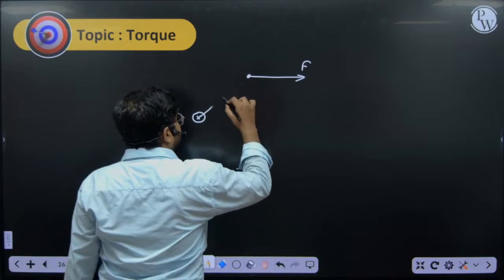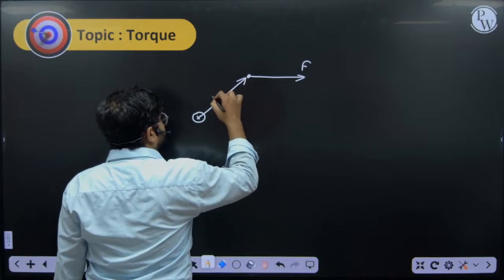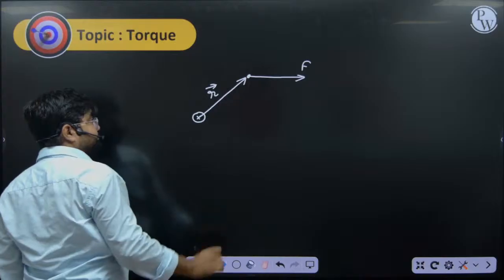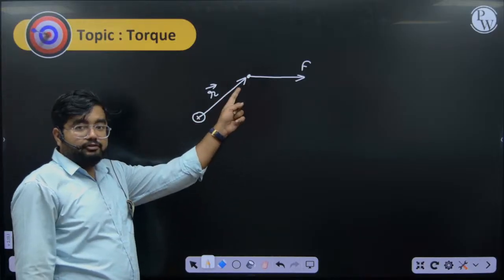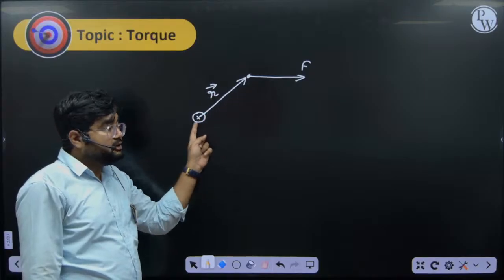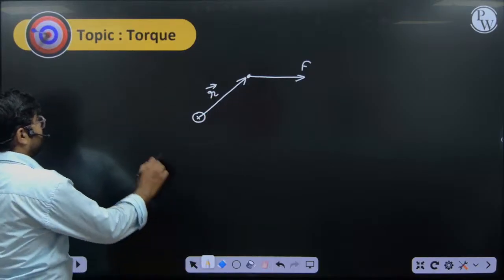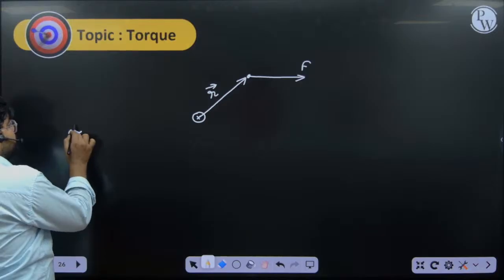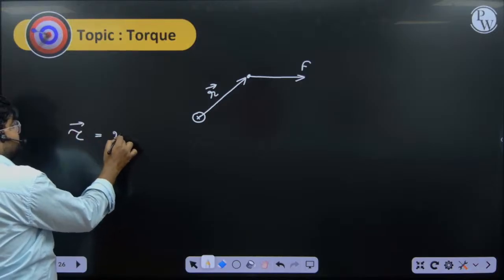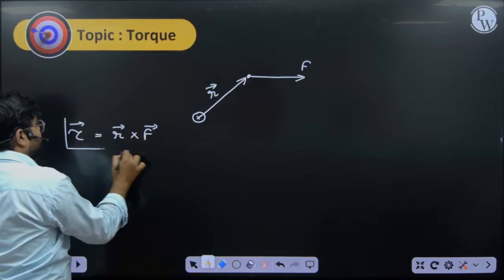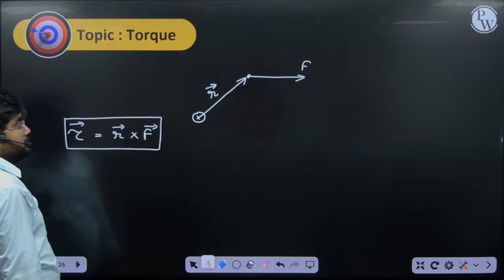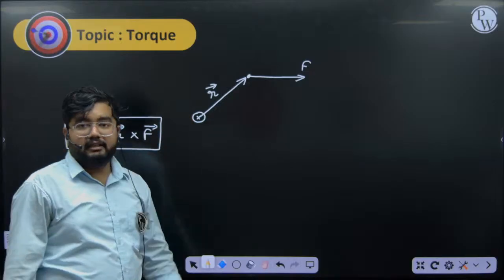Then we create a vector called position vector r. Its head is on the point where force is acting, tail is on the point where we need to find the torque, and the torque of this force comes out as the cross product of r and F. So tau is given by the cross product of r vector and F vector.